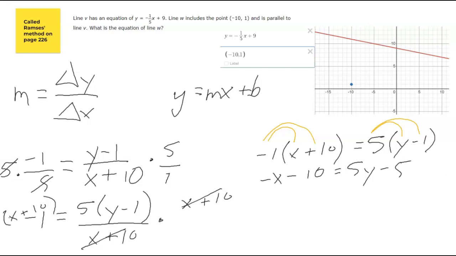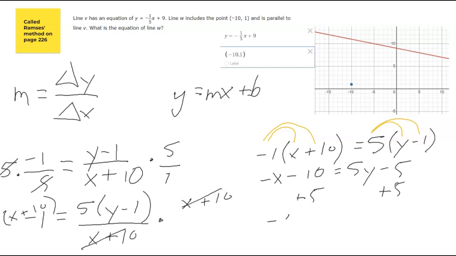Wow, we're almost done. What I see, why I'm excited is I see that y is over here. And all we're going to have to do to get that y by itself is add 5 and then divide by 5. And then this y will be all by itself. So let's do first what we were saying. Let's add 5 to both sides of the equation.